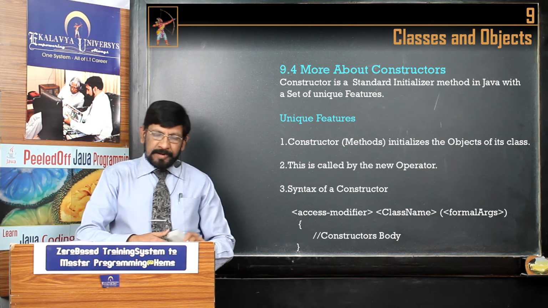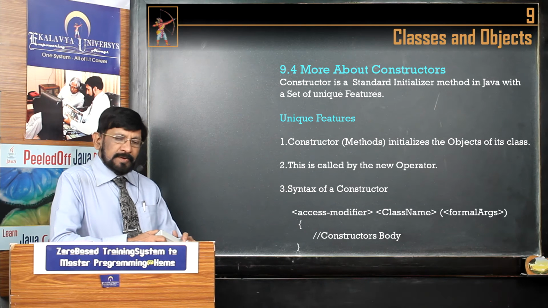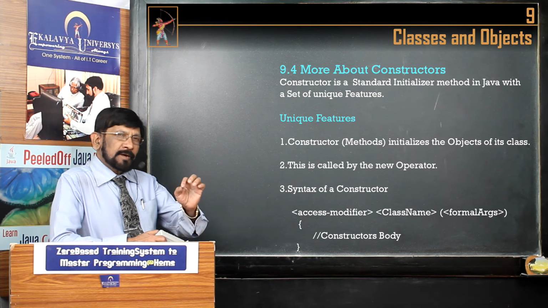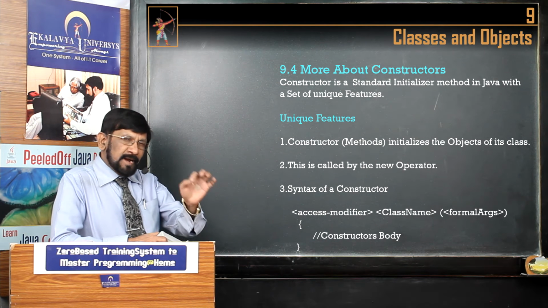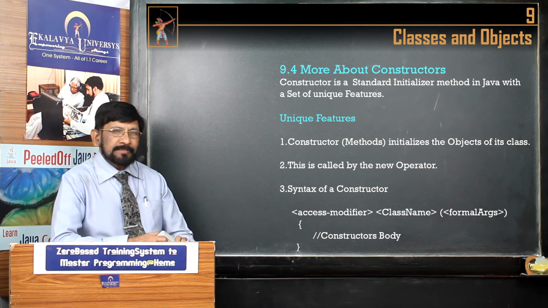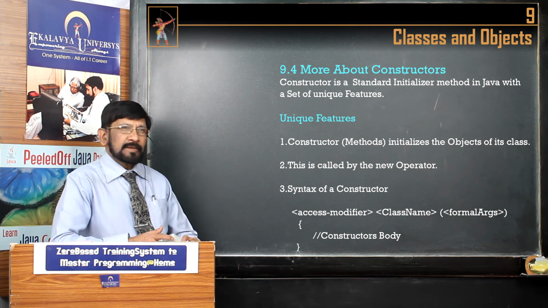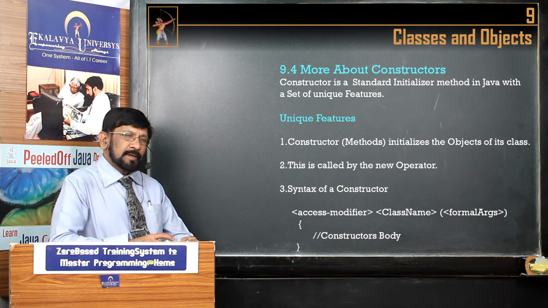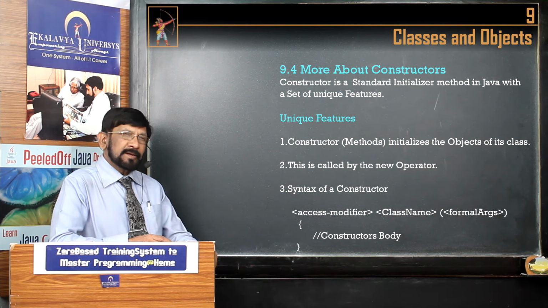As I already explained to you, a constructor is nothing but a standard Java initializer method. In order to write an initializer method, normally we use different names: get data, input data, set data, like that.